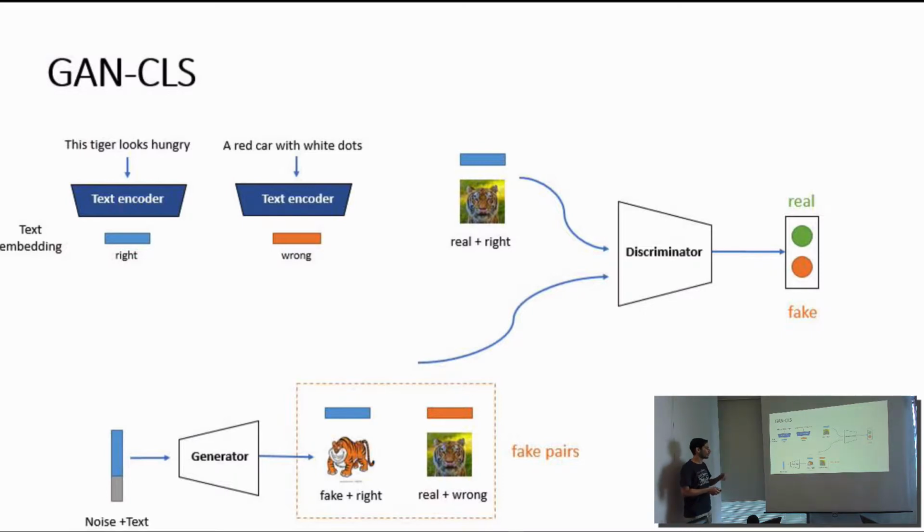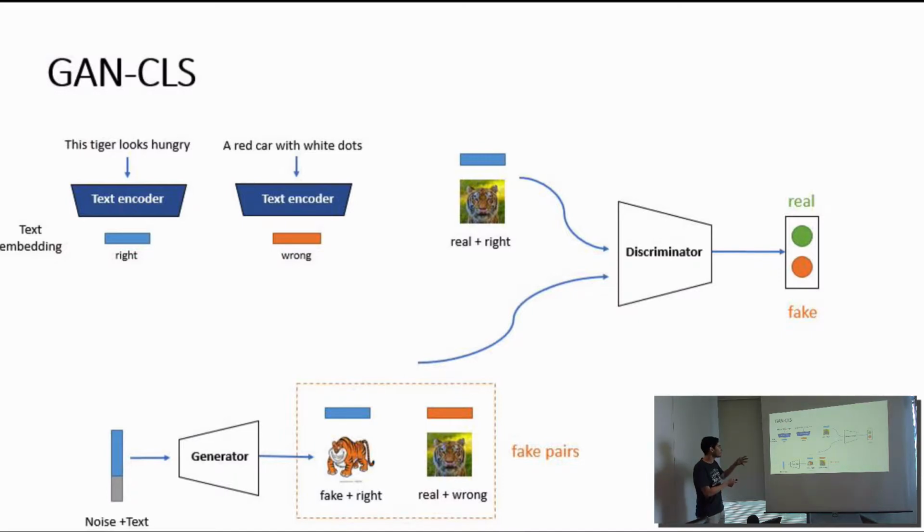They say, okay, now we will augment our set of fake examples a little bit. So they introduce what they call the wrong text. Given an image along with its caption, they build the embedding as in conditional GAN.